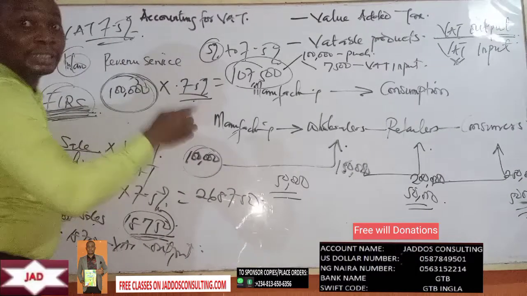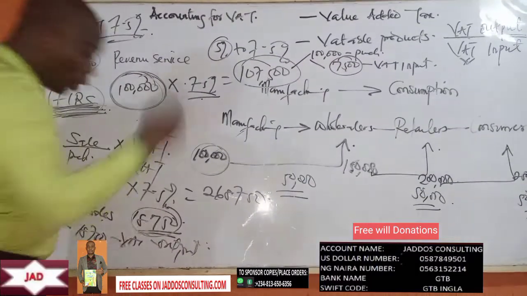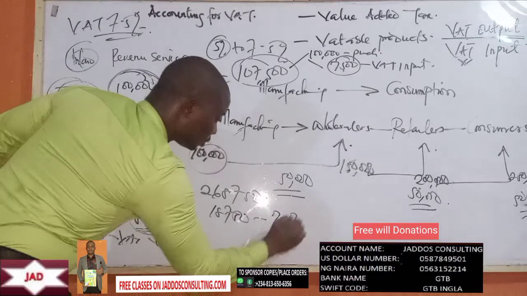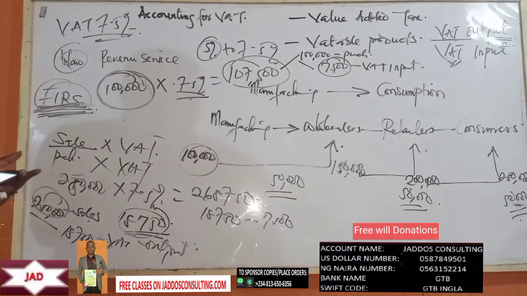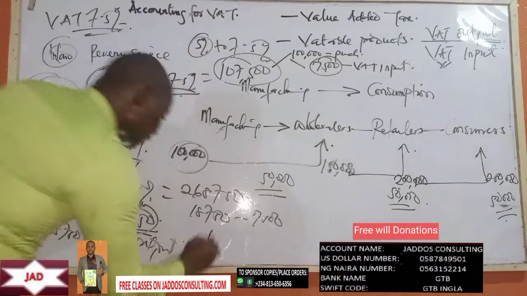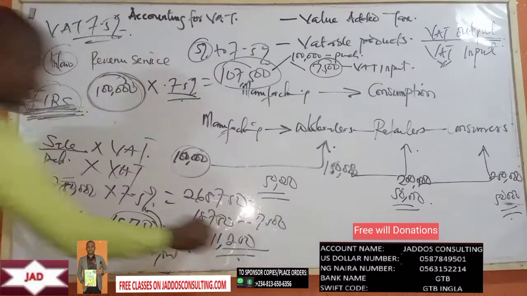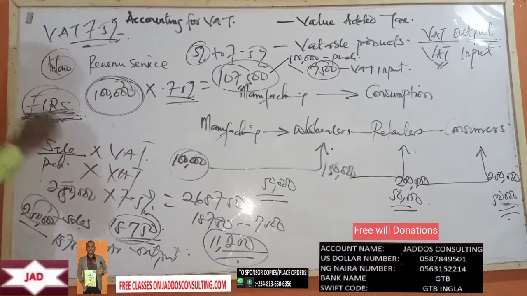The VAT input is 7,500. So what's the difference? 18,750 minus 7,500, I have 11,250. This is what you're going to pay to the Federal Inland Revenue Service.